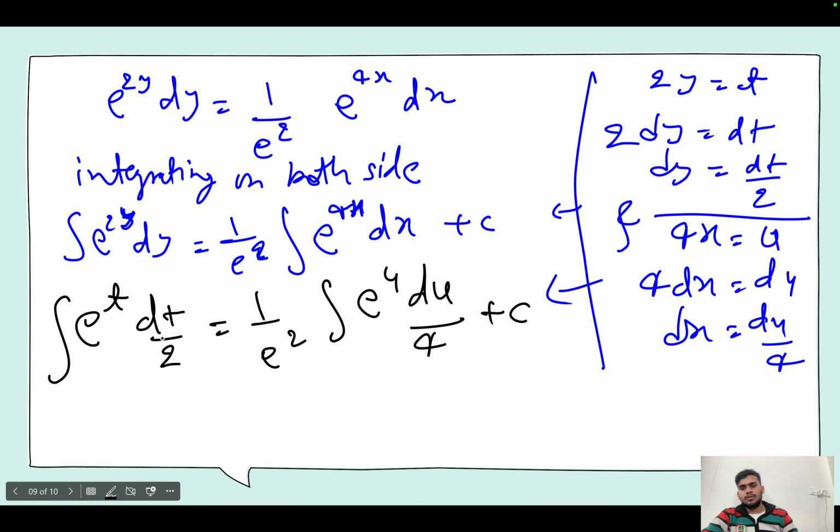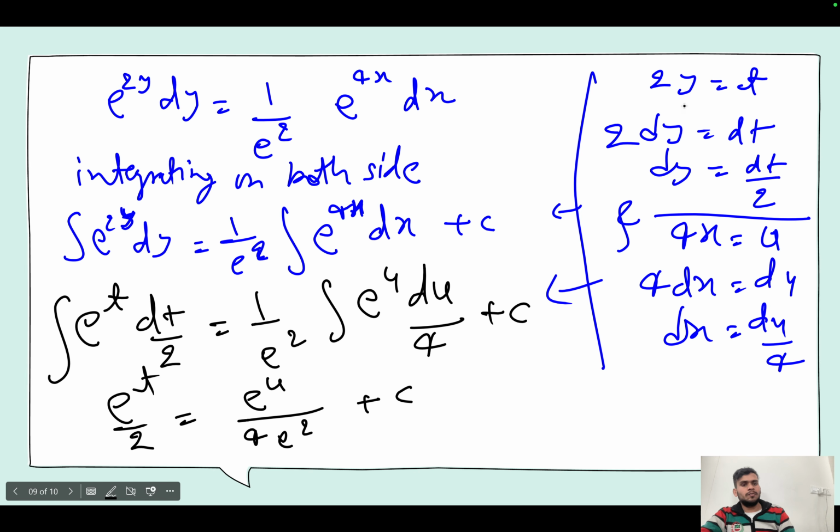So 2 is a constant and 4 is a constant, so it doesn't matter. The integration of e to the power x is e to the power x, so it will become e to the power t by 2 equals e to the power u by 4e square plus c.